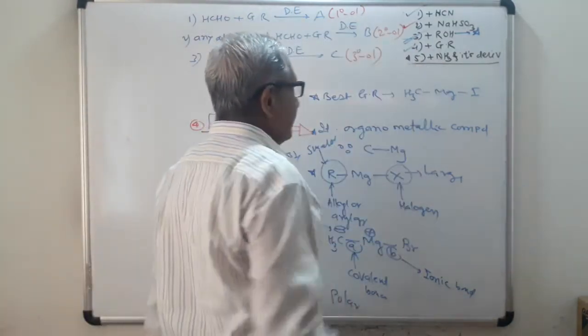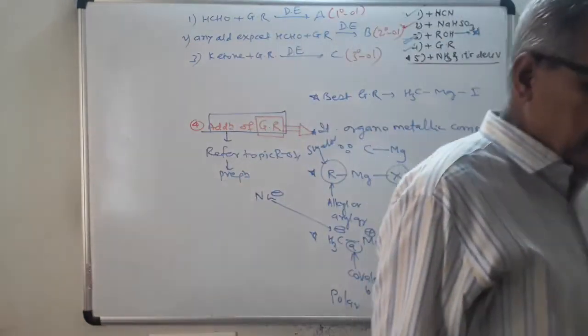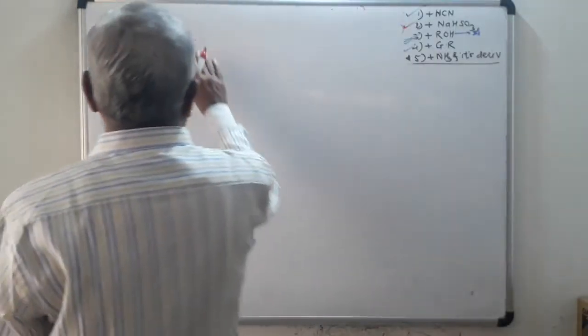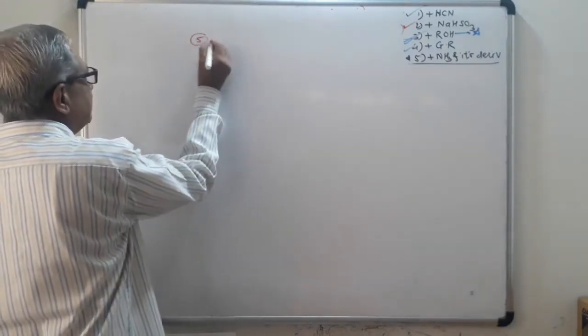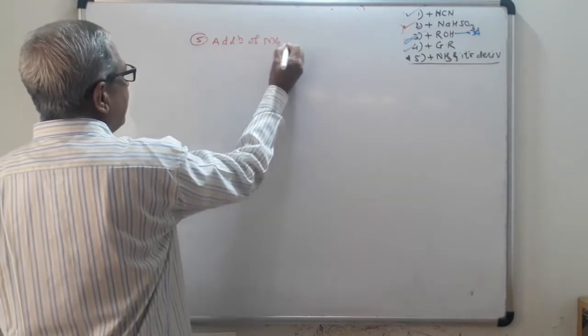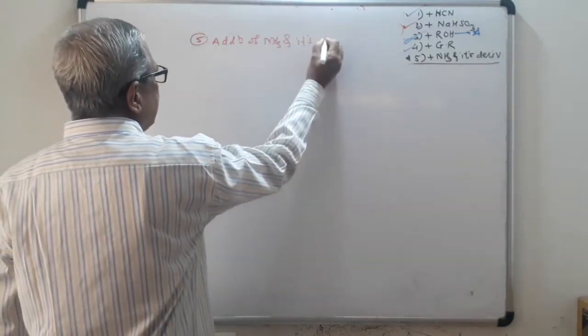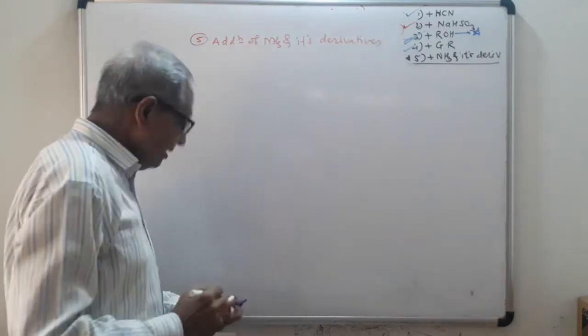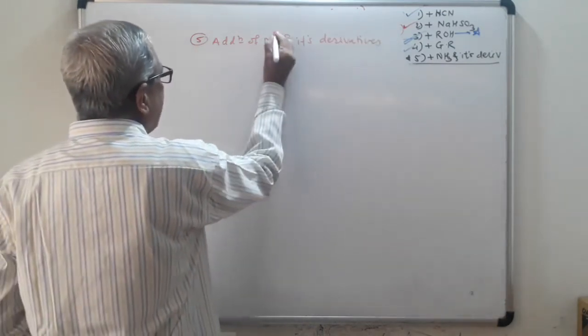Now, addition of ammonia and its derivatives. Give the title, addition of ammonia and its derivatives. See, our fifth reaction is addition of ammonia and its derivatives. So I will make here two parts.